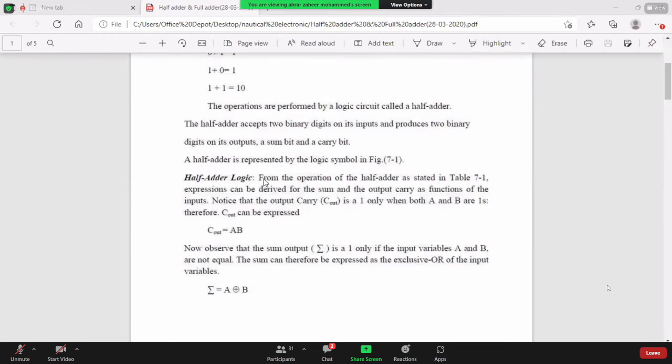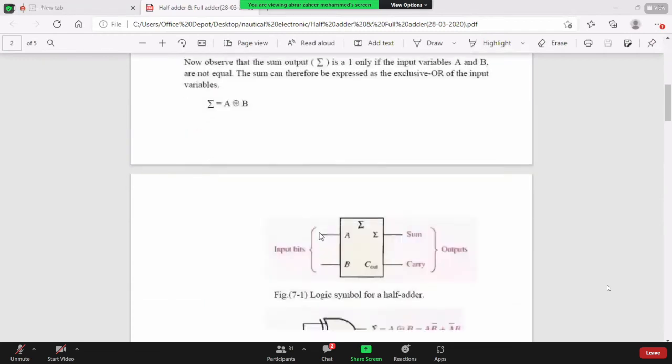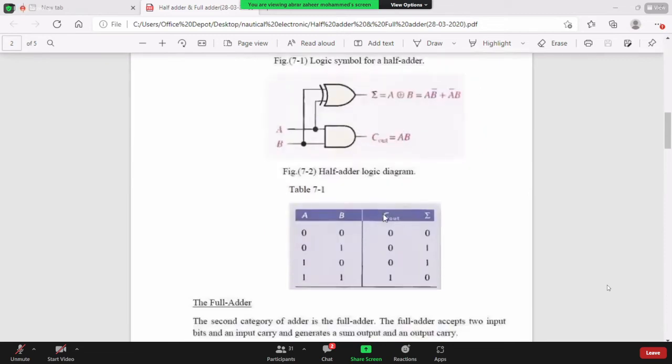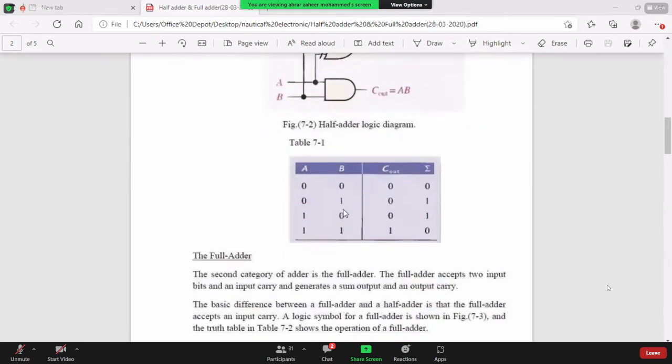So this half adder logic circuit, you can see here, this is the half adder logic symbol. We are having two inputs A and B, and the outputs are sum and carry. And here we can see the truth table for the half adder. 0 plus 0, what is the sum? Sum is 0 and carry is 0.